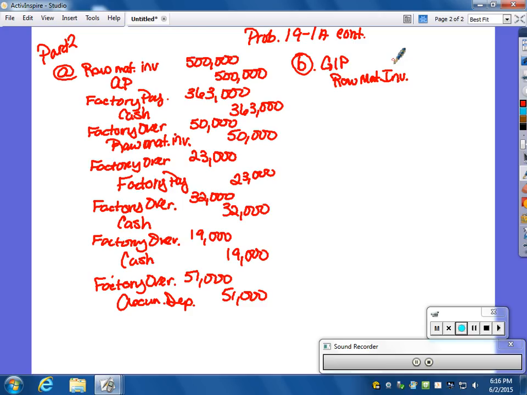Remember the grid we just did before? You take it from goods in process. Not 59,000. Look on that grid that we just did. Think about it. March would have been finished goods, right? April would have been the beginning goods in process.